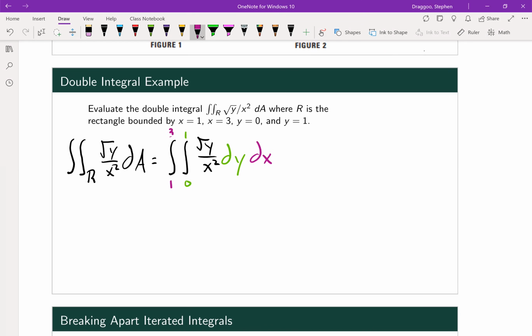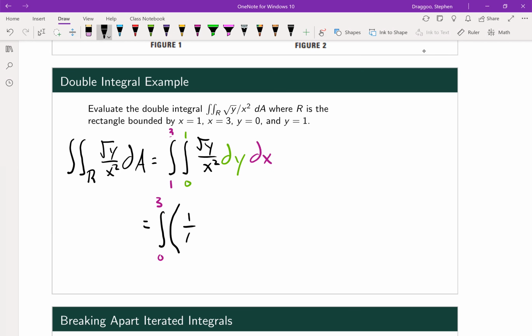So if we do that first integration, this one is going to be with respect to y. We will have an integral from 1 to 3. That part's for x, so we'll just leave that alone for a moment. And integrate our y piece.